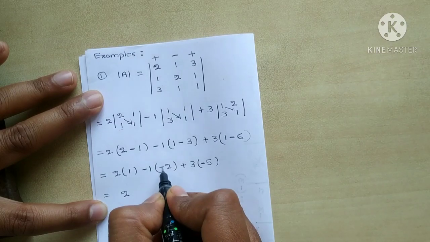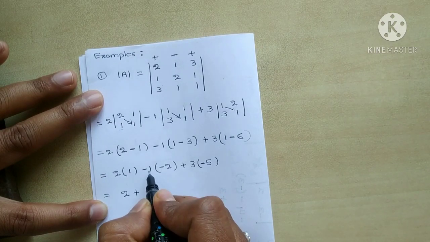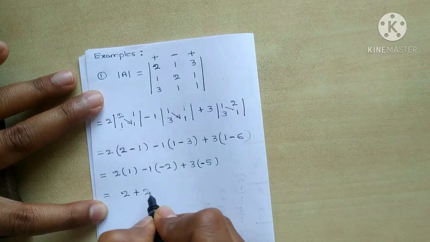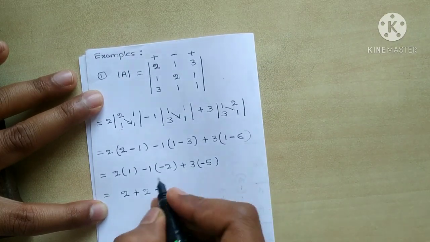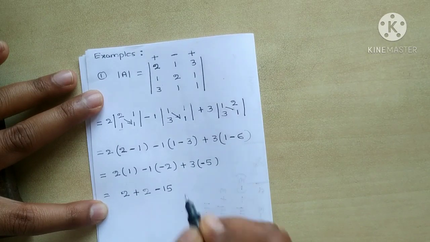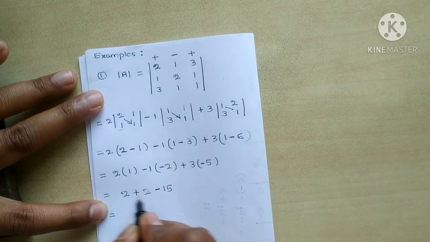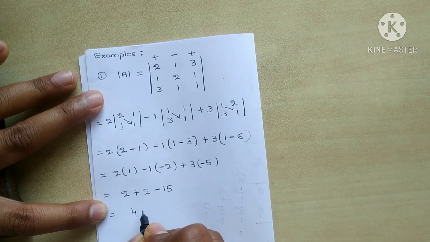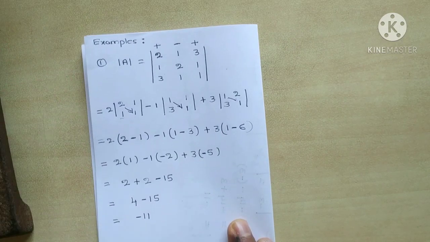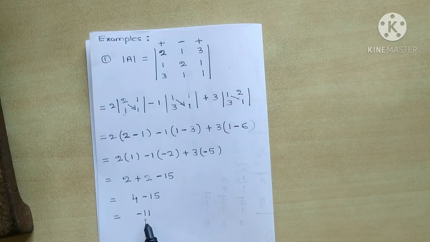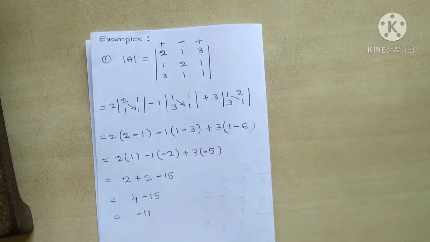Next minus into minus is plus, 1 into 2 is 2. Next plus into minus is minus, 3 into 5, 15. Now add and subtract, 2 plus 2 is 4, minus 15. Therefore 4 minus 15 is equal to, what is the answer? Minus 11. Therefore minus 11 is the value of this determinant.